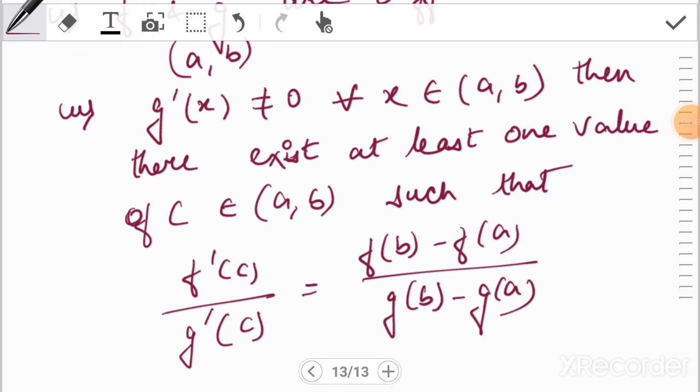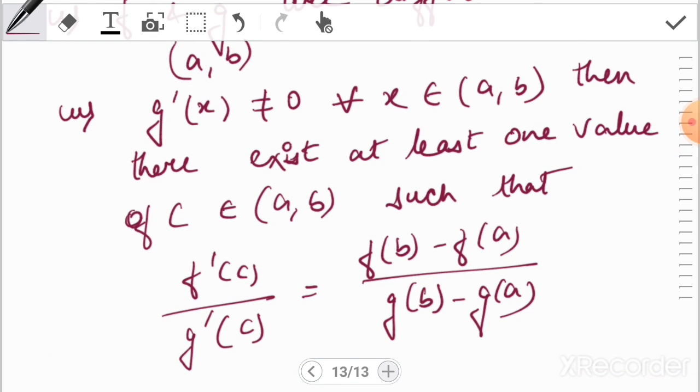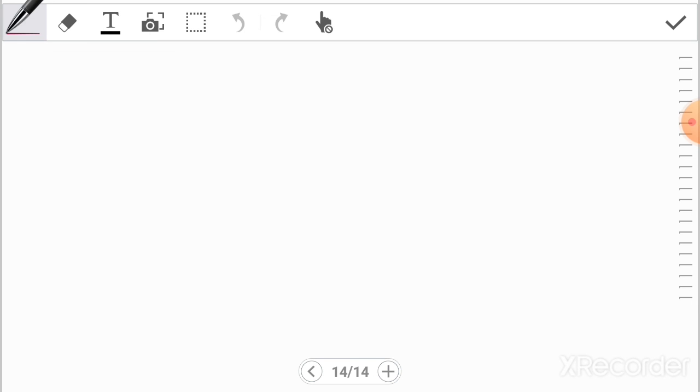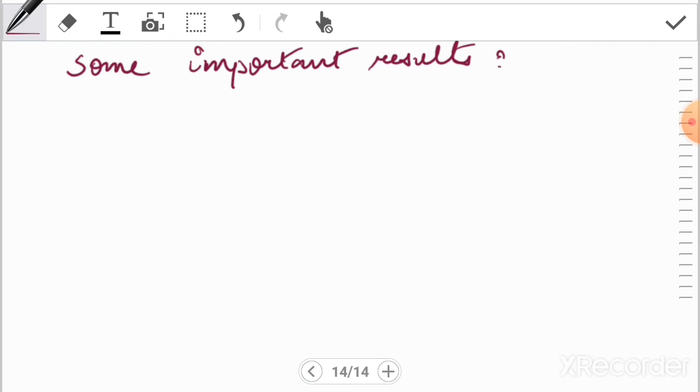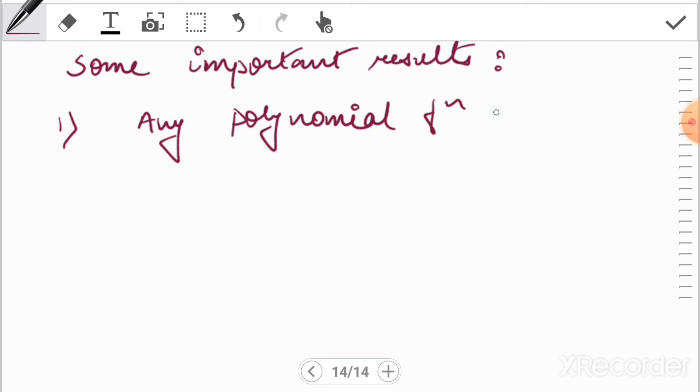Okay, there are some standard results on continuity and differentiability of commonly used functions. Some important results. Any polynomial function is differentiable everywhere and obviously continuous everywhere.